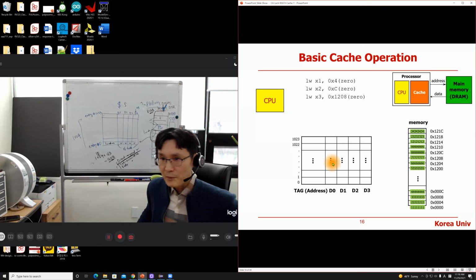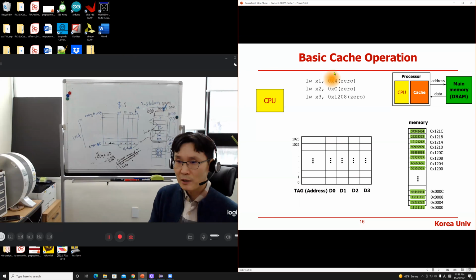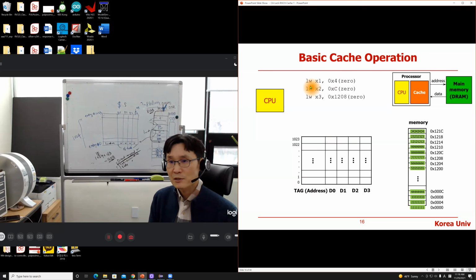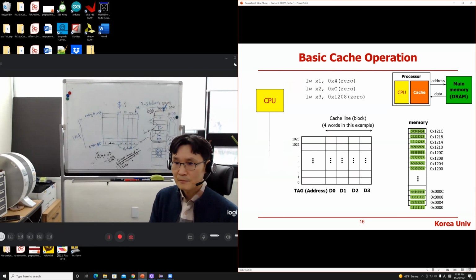Let me do animation. Let me execute. Okay, now we are ready to execute these 3 instructions. First instruction first. CPU executes that instruction, then tries to search cache first. This one is called cache line or cache block.